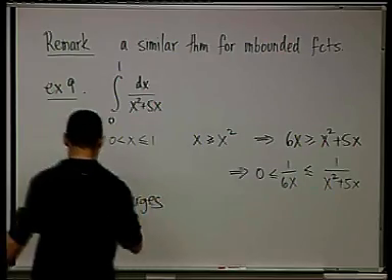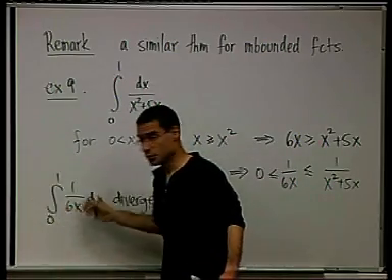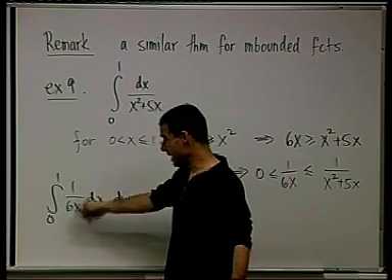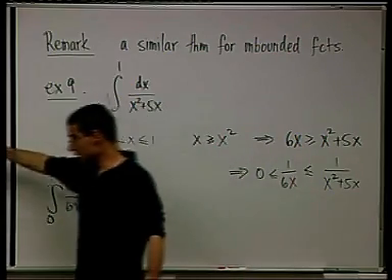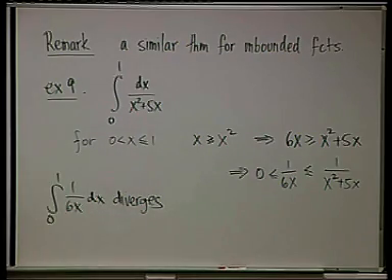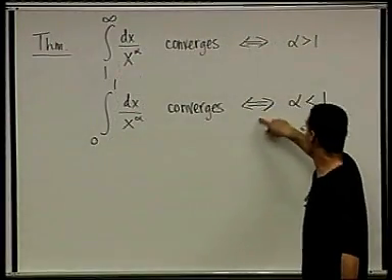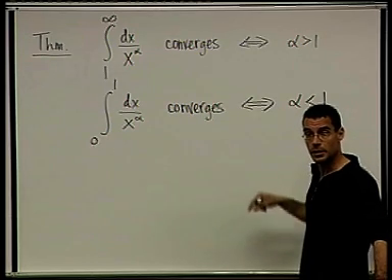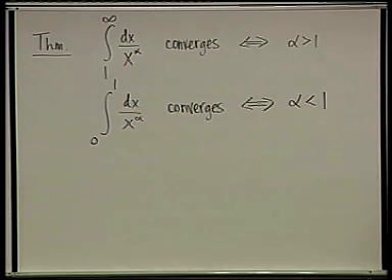How do we know this? The 6 we can just pull out. It's just a constant. And the integral of 1 over x diverges, again, because of this theorem here that I'm going to leave on the board. The integral from 0 to 1 of dx over x to the alpha converges if and only if alpha is less than 1. When alpha equals 1, it diverges. So this diverges.